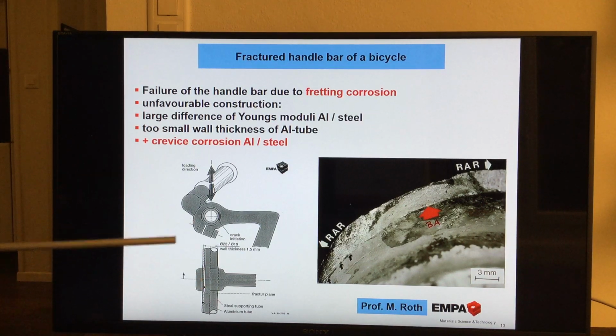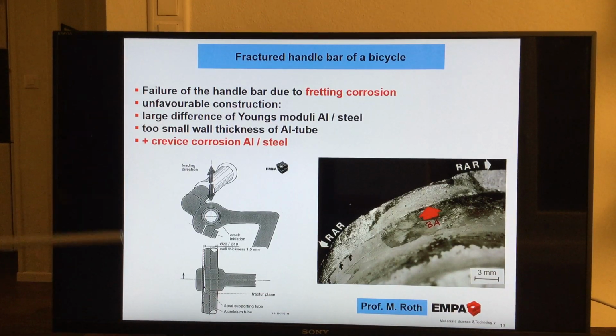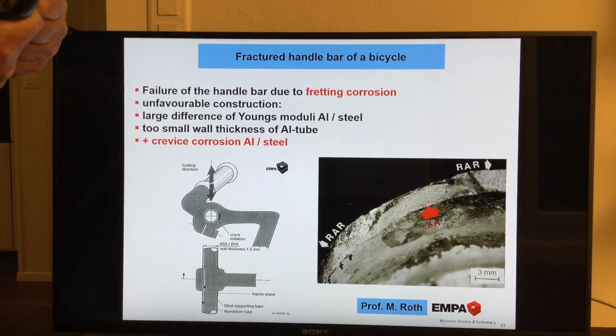So it's all the time wet here. It's like an additional corrosion effect, crevice corrosion. But again, to conclude, the main point was the fretting effect, fretting due to micrometer movement between these two materials.